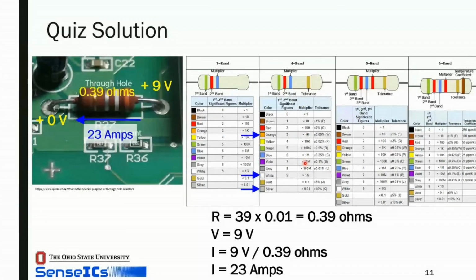But that actually is a 0.39 ohm resistor. So it's not even an ohm if you read the chart. Okay? So if you do the math, which I'm not going to ask you to do, you can see at the bottom there, with that 9-volt battery, we've got 23 amps going through that resistor.